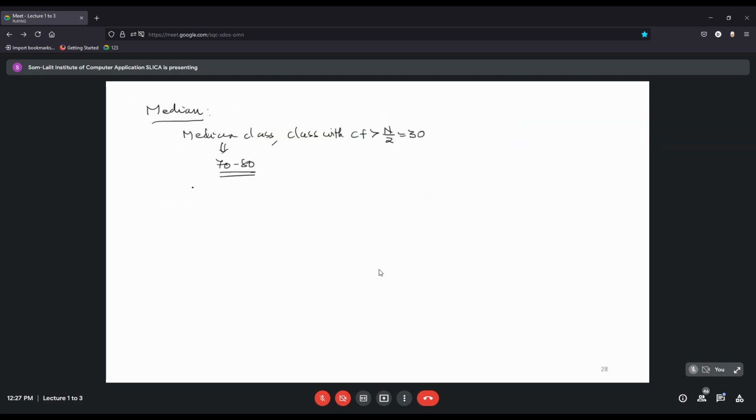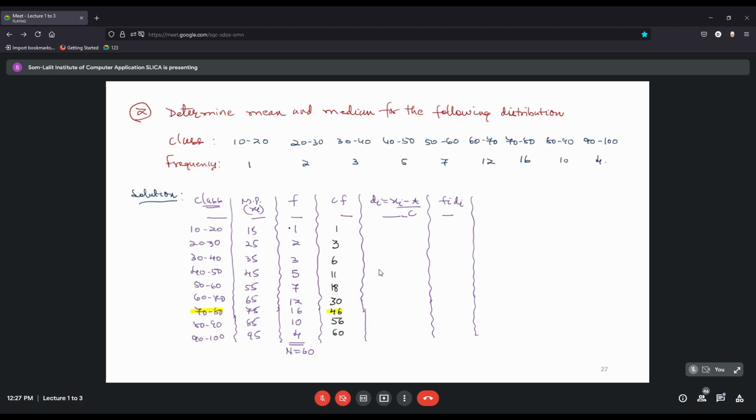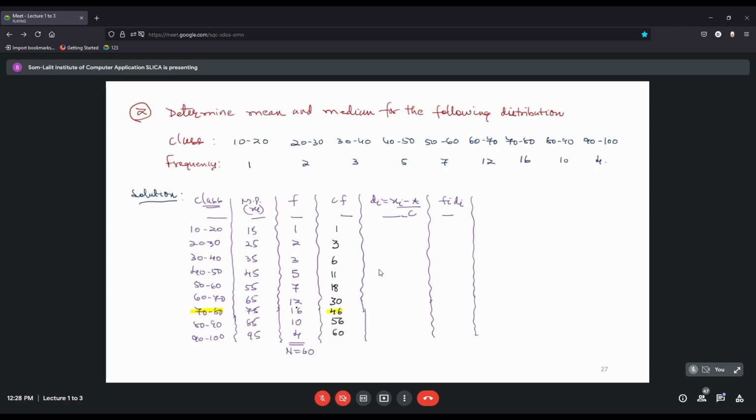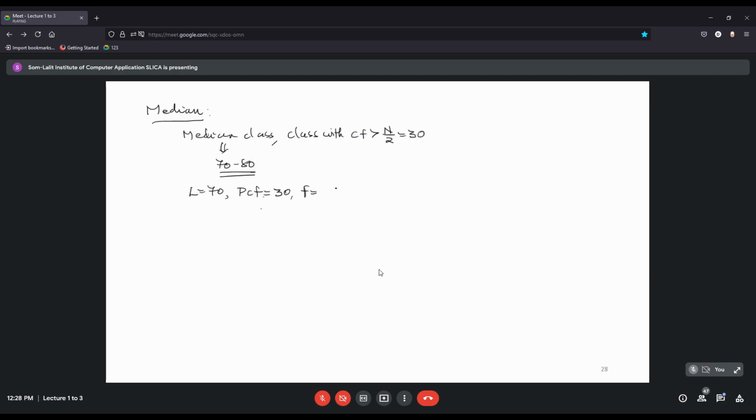So now here you can write L, which is 70, then PCF, preceding cumulative frequency, that is 30. Cumulative frequency of the class just before this one, which is 30, right? Frequency. What is F, frequency? Which is 16. So this is 16.